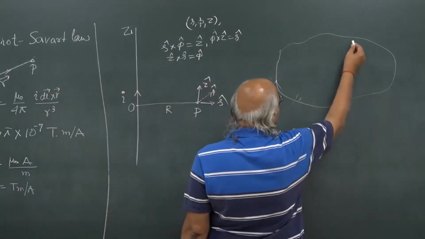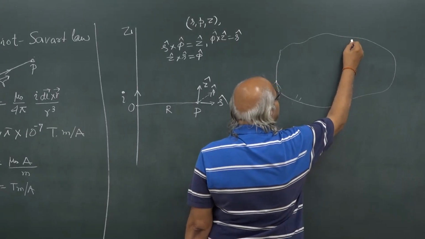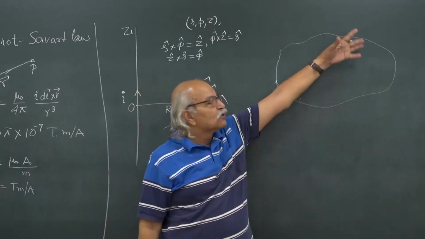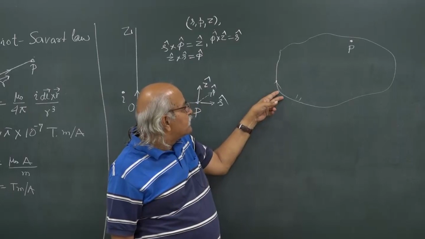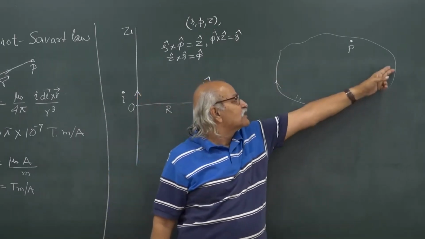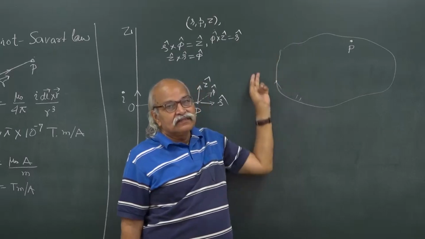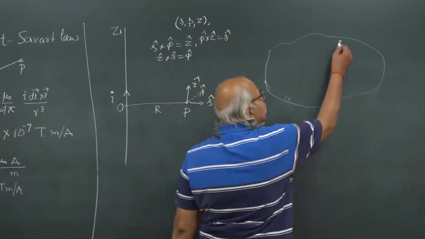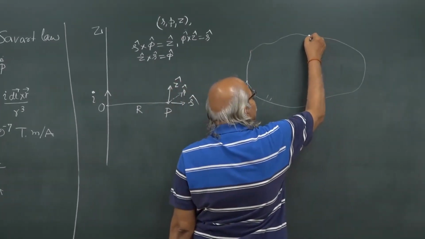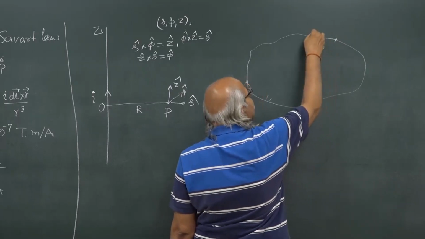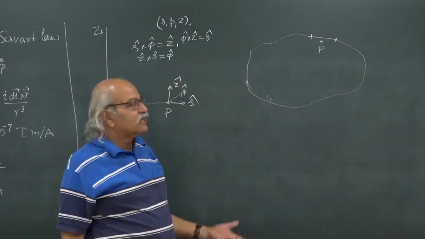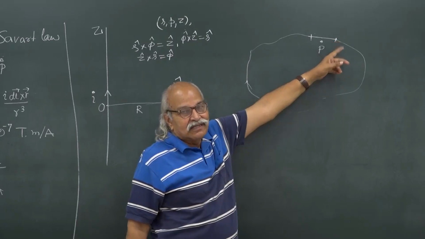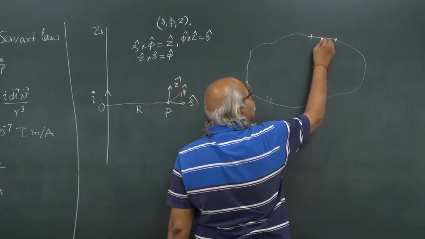In that case, if you take a point P somewhere here and ask for the magnetic field due to this whole circuit, these points are far away. They give only a negligible contribution to the magnetic field here. The contribution mainly comes from the points that are close, up to about here. Of course, contributions will be there from everywhere, but the significant contribution comes from this part, and this is long compared to this separation.